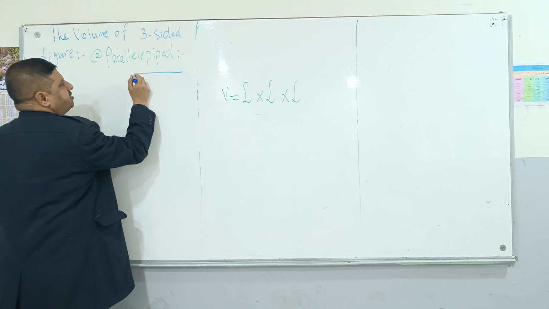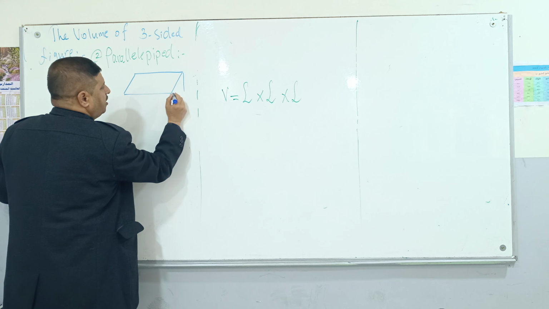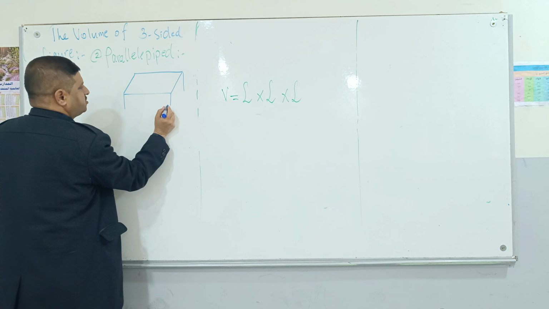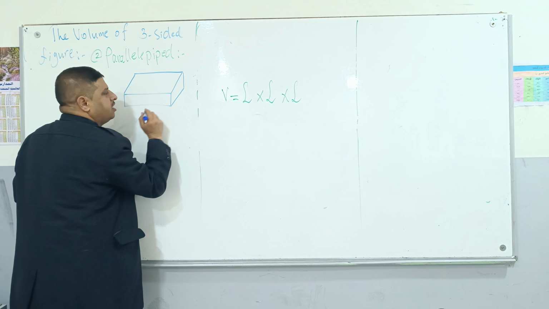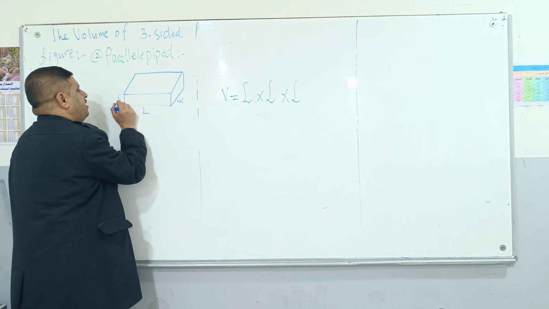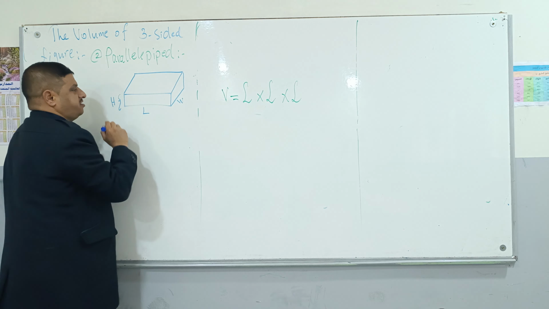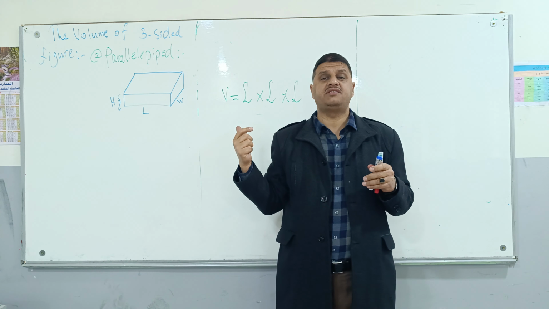Now, look at this. Look at this and this and this. This is a parallelepiped. Why? It has length and width and height. It is the same as the cube.